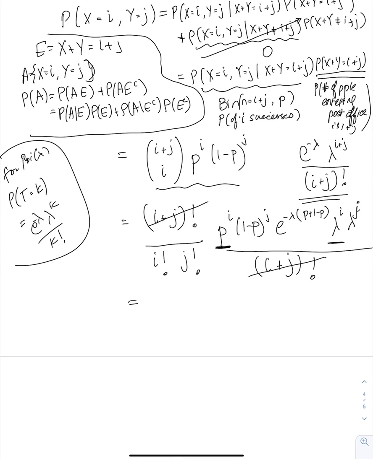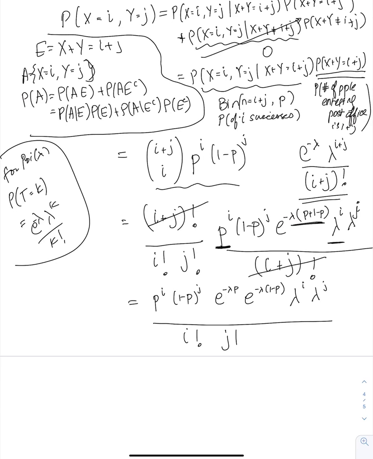Let me first write down the whole product. You'll have p raised to i, 1 minus p raised to j. I'm going to split this exponential as e to the minus lambda p times e to the minus lambda times 1 minus p. Then lambda raised to i, lambda raised to j, i factorial, j factorial.